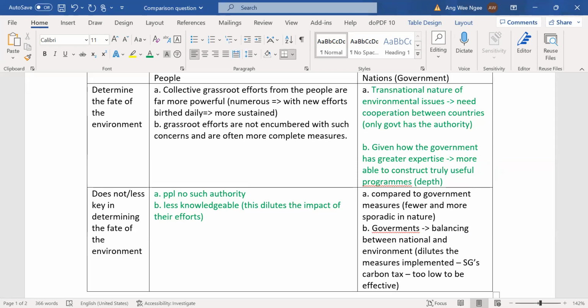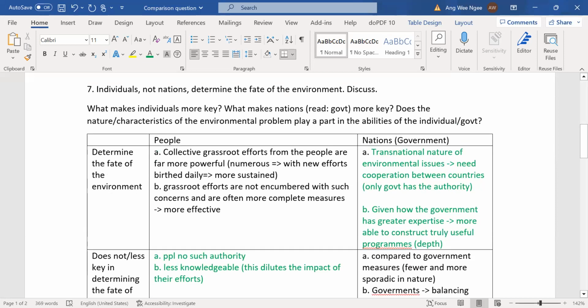That means they really go all out when they want to do something. And that is why they're arguably more effective. And that's why individuals are more key, are more important in determining the fate of the environment.